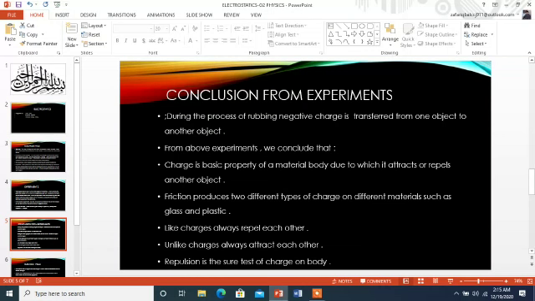And if there is a force of attraction, then maybe one is a charged body and the other is a conductor which is very close to the charged body. Even then there will be a force of attraction between them. Or both may have opposite nature of charge, meaning one has positive charge and the other has negative charge. Even then they will attract each other.